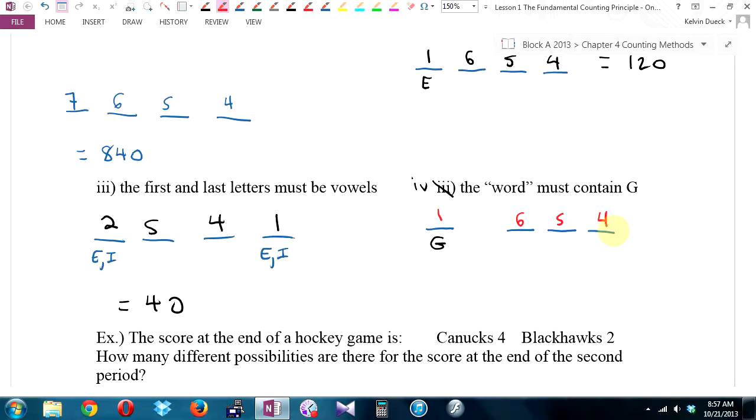Okay. Here's what I'm going to say. The G could be there or there or there or there. Do you see by drawing those arrows, I've actually introduced one more choice. How many of those arrows are there?